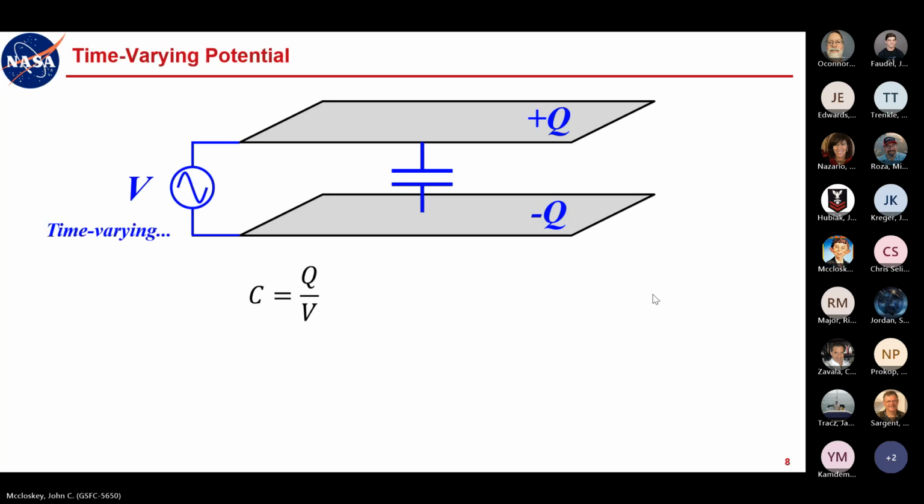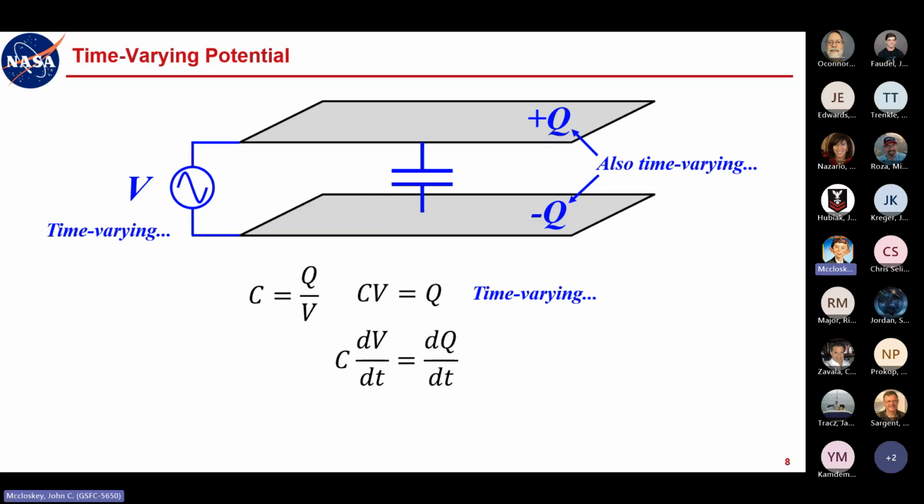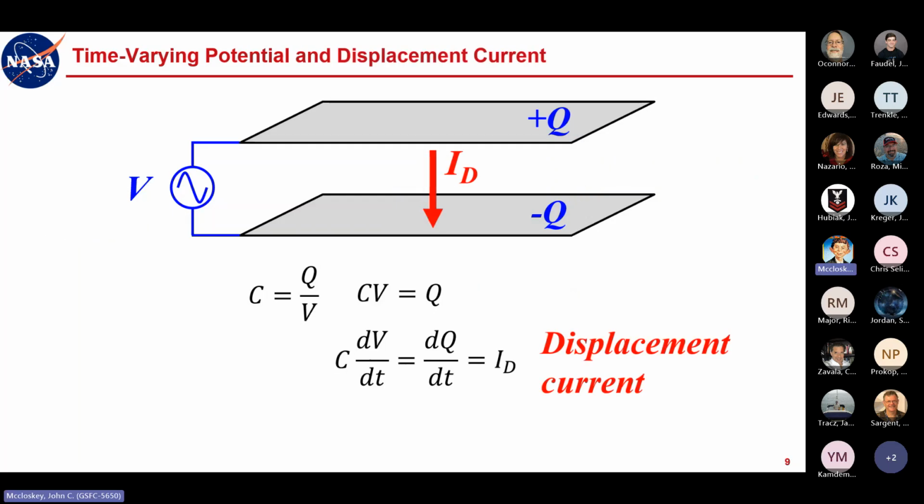And so if our potential is time varying, well, then ipso facto, our charge must be time varying. And what's time varying charge? Class? Current. The time varying charge is the very definition of current. And if it's current flowing through capacitance, that's called displacement current.